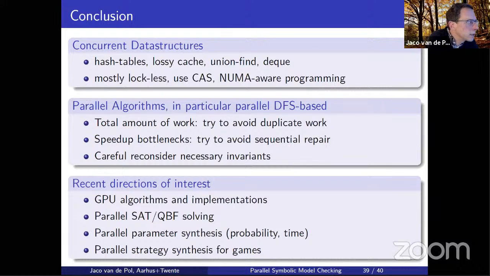I think some of these techniques are quite general. So there are concurrent hash tables, which of course is quite generic. We built some task scheduling with very fine-grained tasks, this double-ended queue thing. So there are some of the data structures that can be reused in other analysis tools.